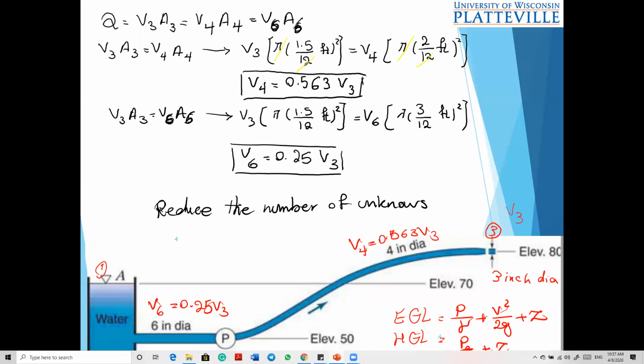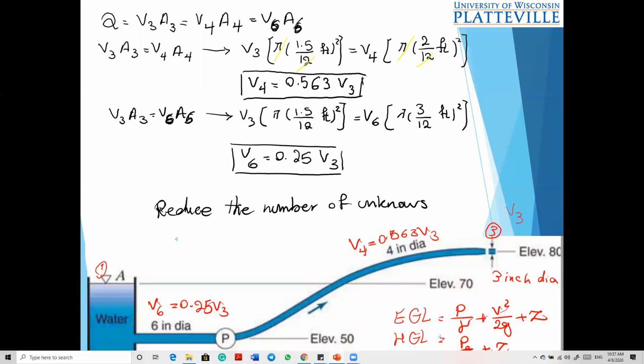For velocity, we just know the velocity based on V3. We need to find some way to find the pressure, because elevation is also given. It's 50 feet here, 70 feet here, and 80 feet here. All right, so the only thing that we need to know is pressure head.